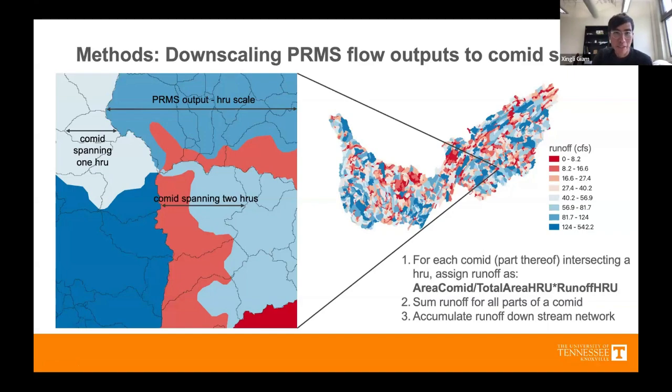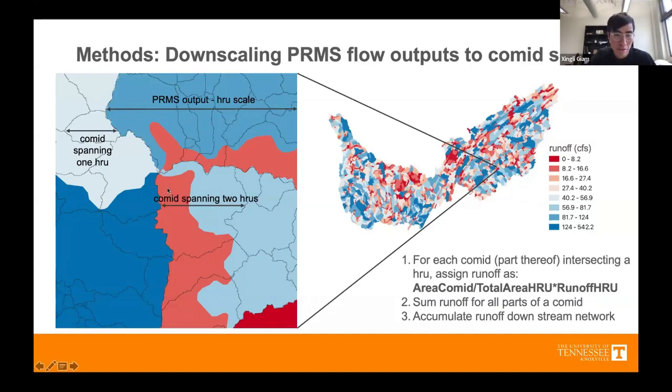And HRUs are typically larger than catchments. When we analyze fish data, we usually analyze it at the scale of the catchment. A catchment is a land area that contributes flow to a given stream reach, anything from about 500 meters to 4 or 5 kilometers, that is roughly homogeneous within itself.